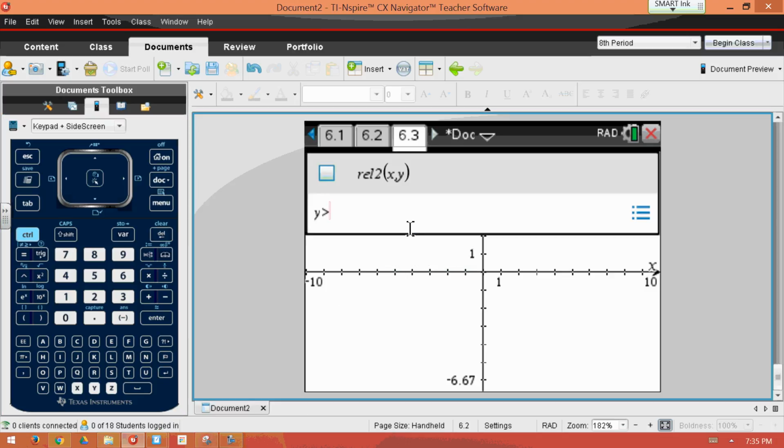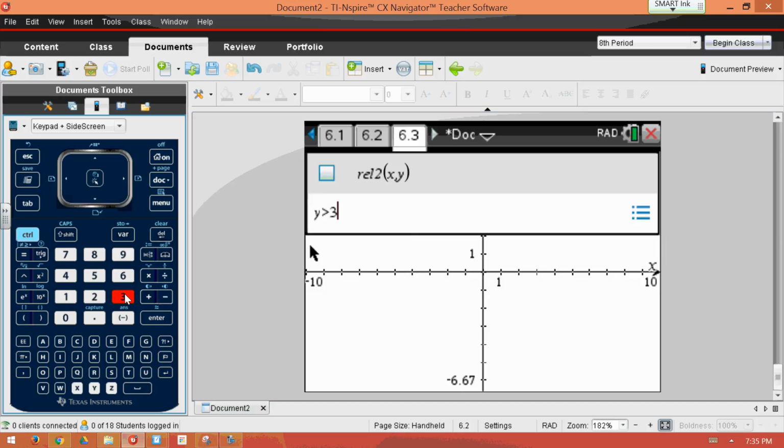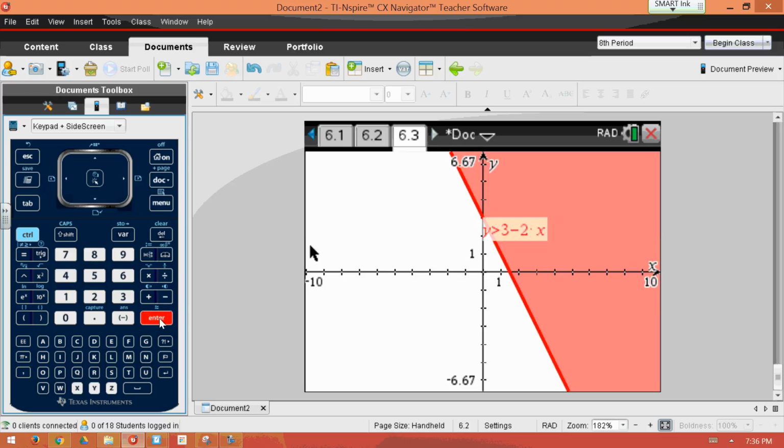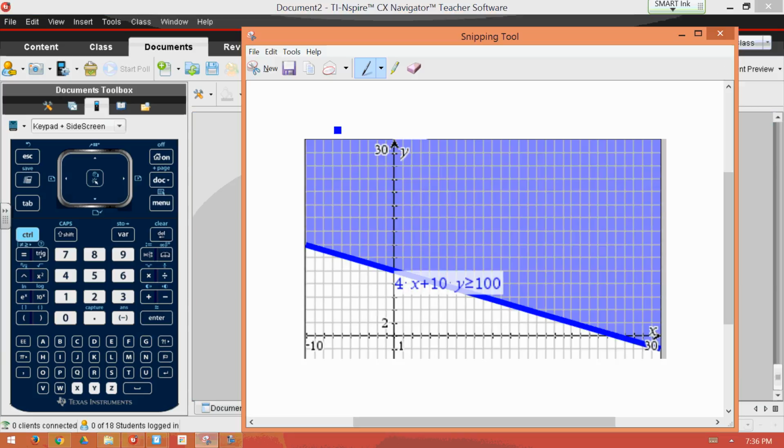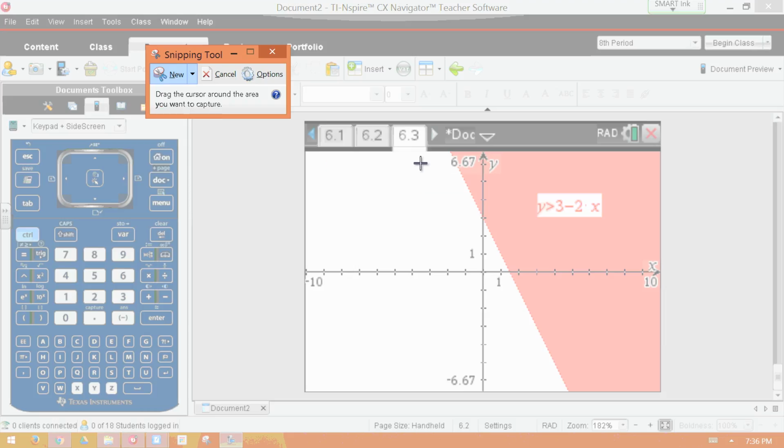So y is greater than, and this will work on any calculator, not just my calculator. Any Inspire will do this. And you can see it, there it is. Now, the problem is this looks like a solid line, but it's not. It's dotted. You just have to make sure it's not highlighted, and now you can see that it's dotted. So that way, if you want to double check your results, you can.